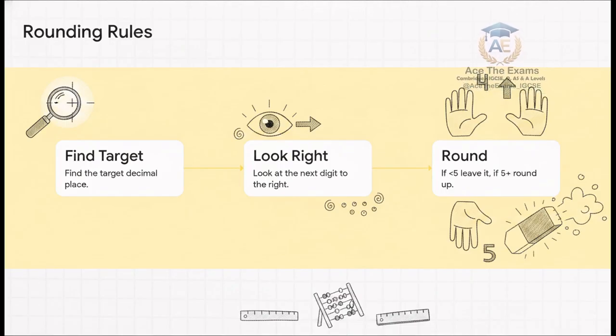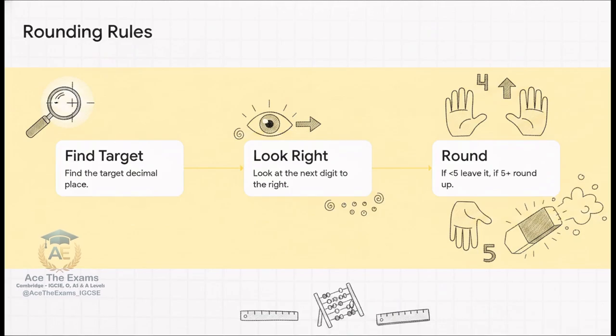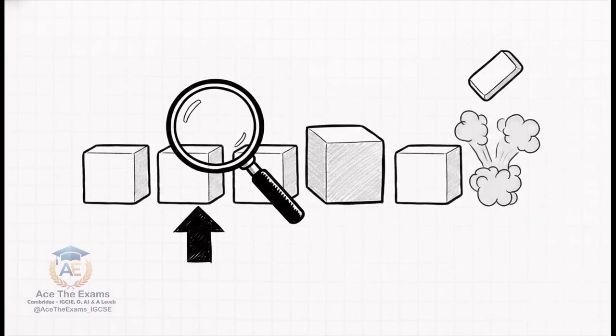Step 2, look immediately at the next digit to the right, your next door neighbor. Step 3, if that neighbor is a 4 or less, you leave your target digit exactly as it is. But if that neighbor is a 5 or more, you round your target digit up by 1. And here is the most important part. You then completely ignore every single digit further to the right. They literally just vanish.